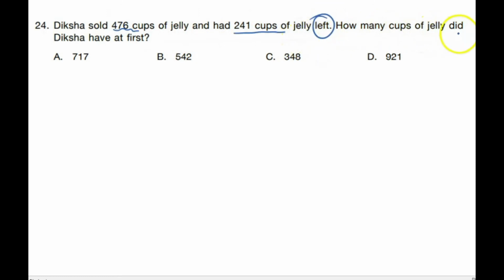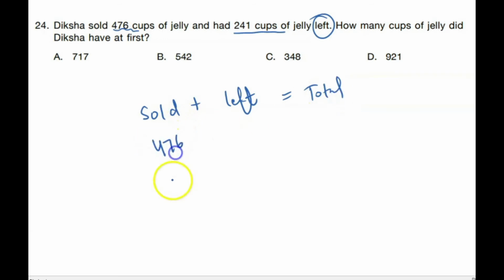How many cups of jelly did Diksha have at first? Sold plus left is equal to total, right? She sold 476 cups and she is having 241 left.